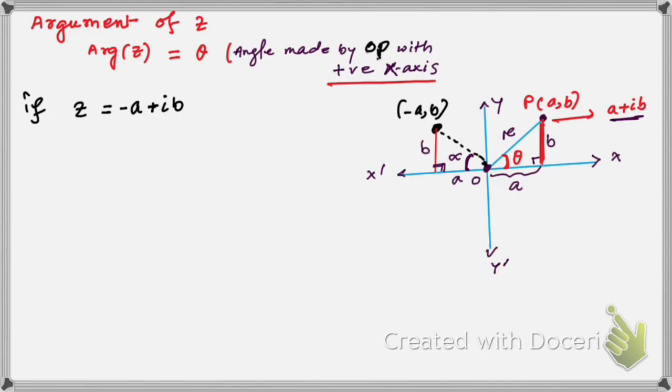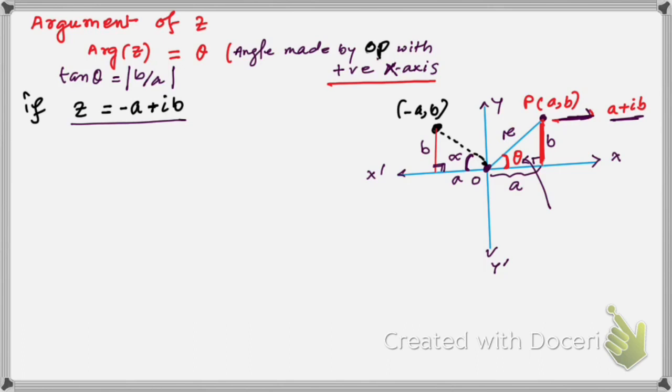In the previous case, when it was in the first quadrant, tan theta is equal to B by A. Now in this case, it is mod of B by A; we are going to ignore the negative sign here.